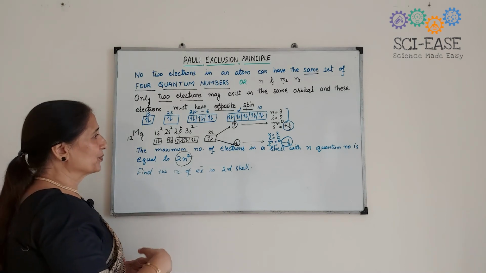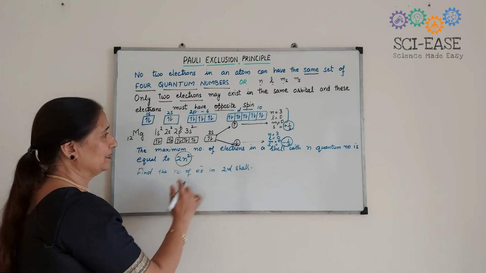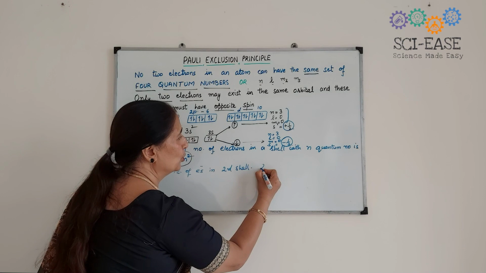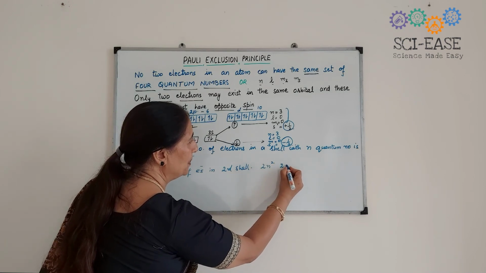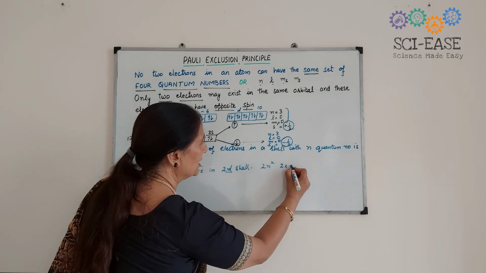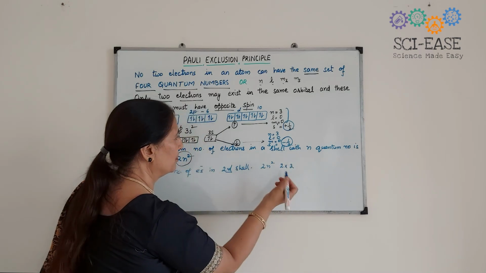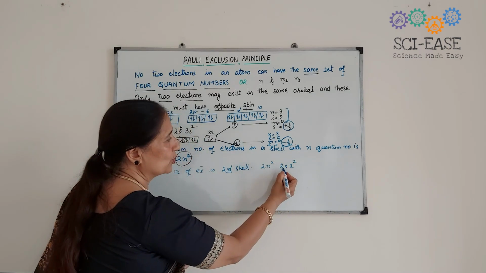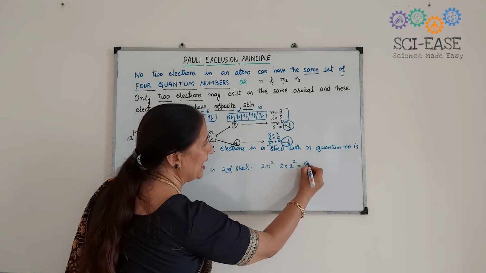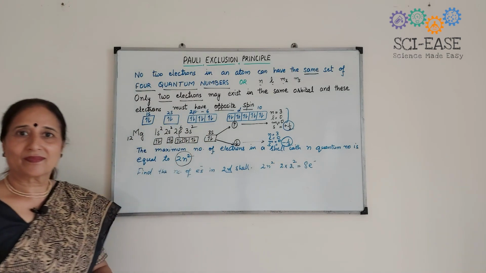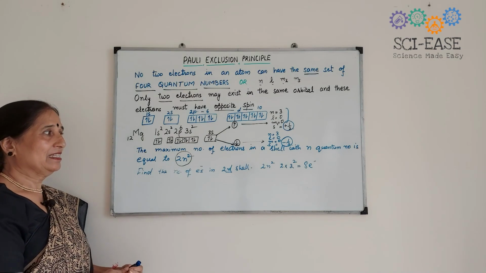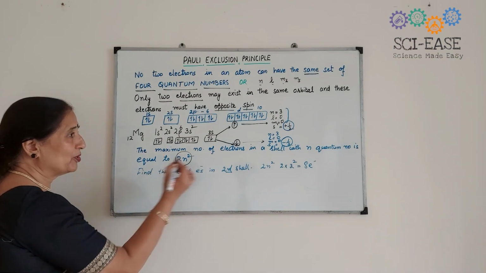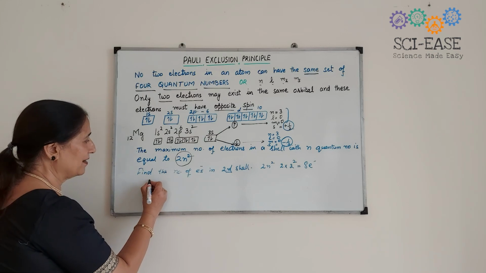By the 2n square rule, what will be the result? 2n square, 2 multiplied by 2 square, where n is the number of the shell. So what will be the result? 8 electrons.